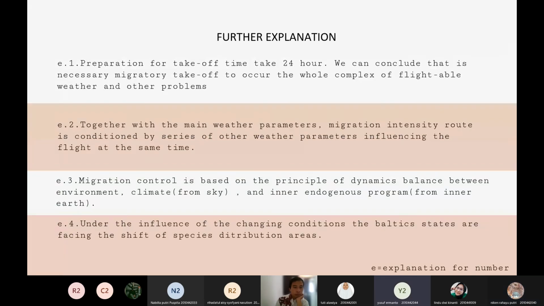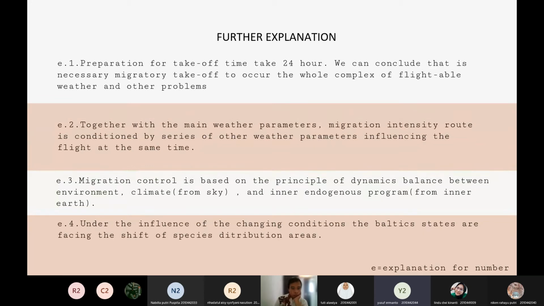For further explanation, number one, preparation for takeoff takes 24 hours. We can conclude that for migratory takeoff to occur, a whole complex of favorable weather and other conditions is necessary. Number two, together with the mean weather parameters, migration intensity en route is conditioned by a series of other weather parameters influencing the flight at the same time.